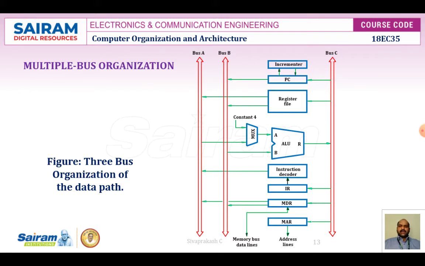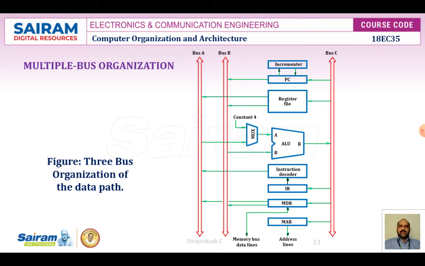Okay, what actually is the need for multi-bus organization? In a single bus organization, only one data word can be transferred over the bus in a single clock cycle, which increases the steps required to complete the execution of the instruction.